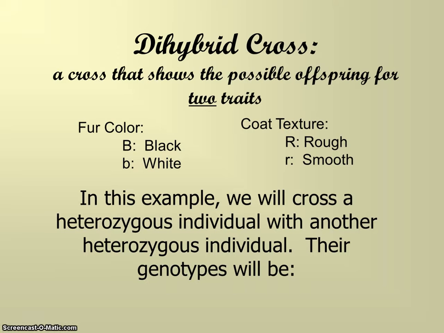So these are going to be two traits that we're going to cross together, because sometimes you can find traits like this that could be linked. So for example, whatever color the fur that the offspring gets, they would usually get either a rough or smooth coat that goes along with it.